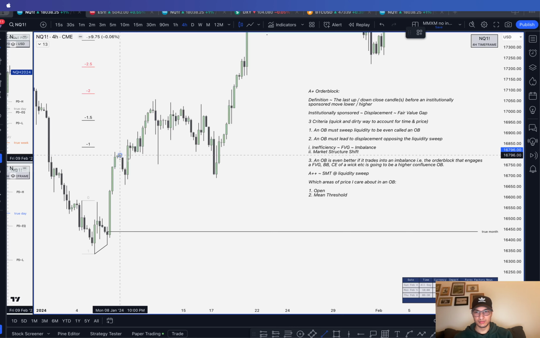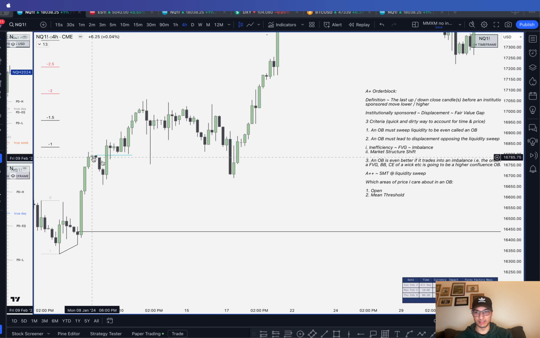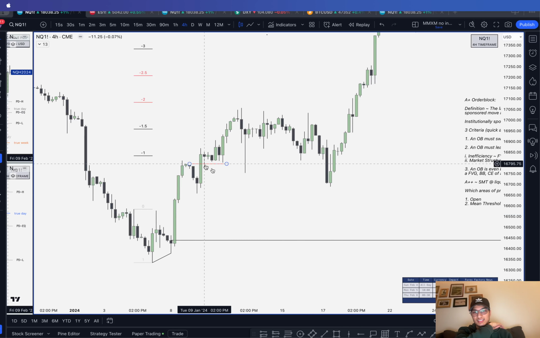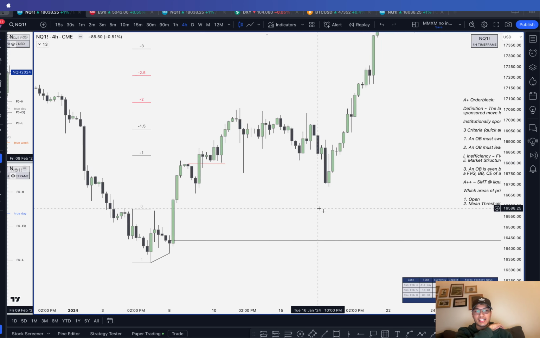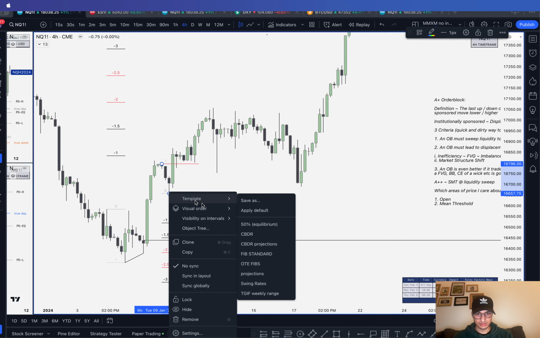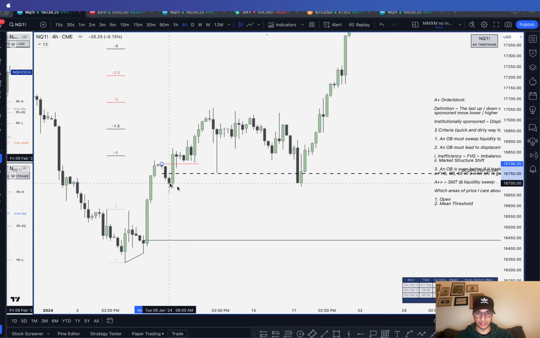The open. What do you notice about price reacting to this open? Right here. Very sensitive. Very sensitive, right? Okay, fantastic. What about the mean threshold? Let's mark that out. You can use the wick if you want in this case, or the body. I don't care.